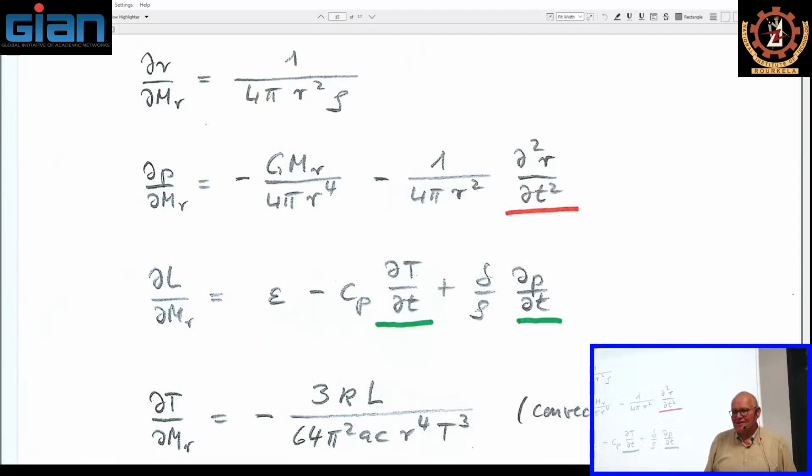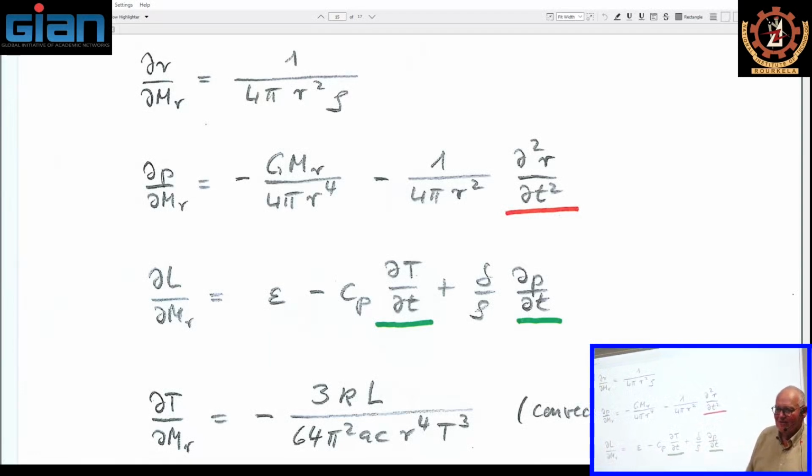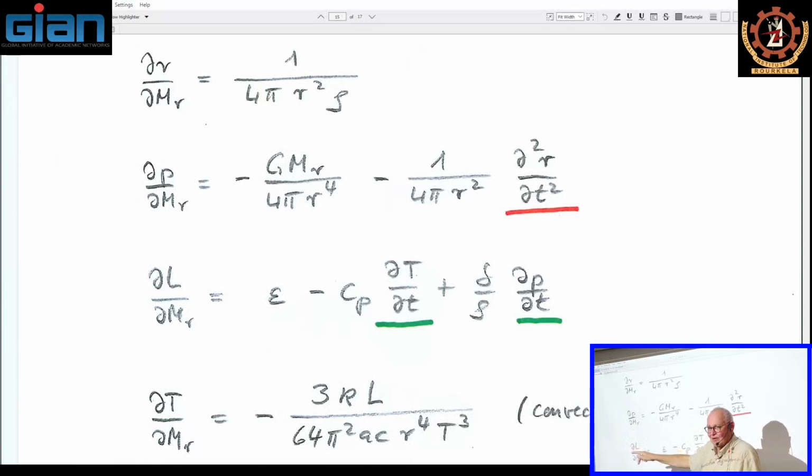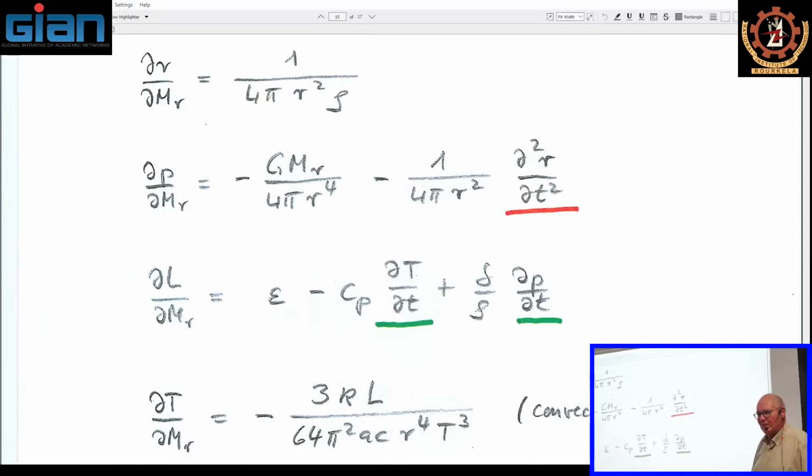Well, this is mechanics, so it should be associated, of course, with one of the typical stellar timescales. And the mechanical timescale, or the shortest timescale which we know of, is associated here with the loss of mechanical equilibrium. So this derivative is associated with the dynamical timescale of the star.